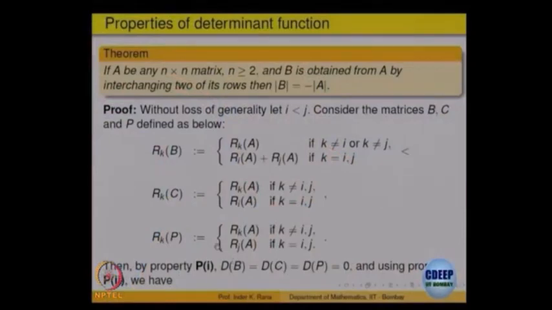Let us compute that. What is B equal to? There is a linear combination coming here, right, in the ith as well as the jth row. The ith row is Ri plus Rj of A and the jth also is Ri plus Rj, right. So use property 2 of linearity. What will I get?